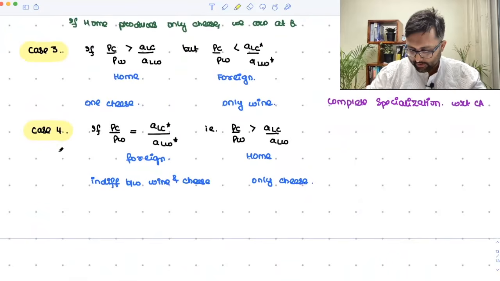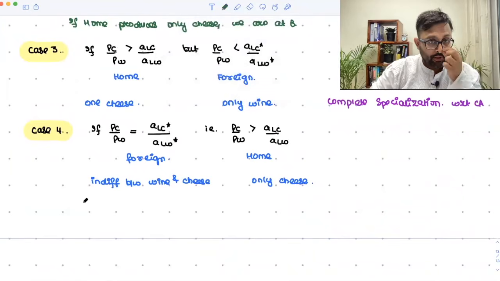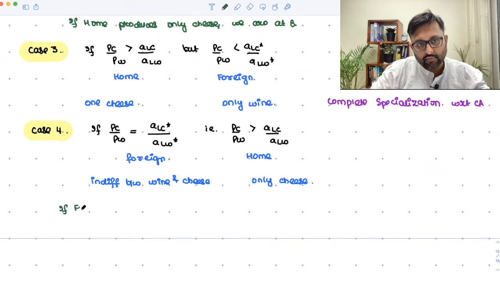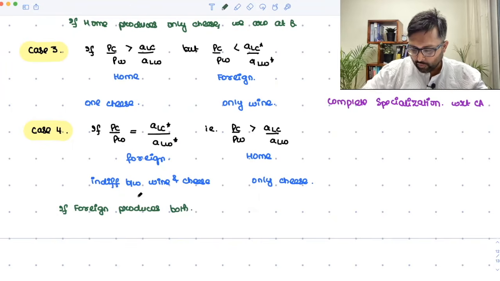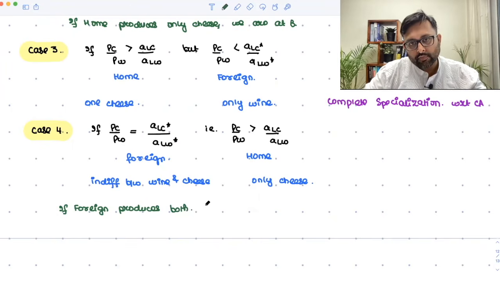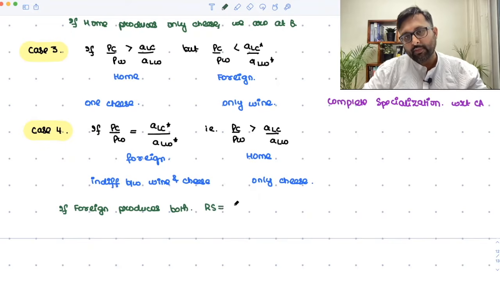I will also write it this way. If I'm talking about the foreign country here, if foreign produces both, then the relative supply is what?